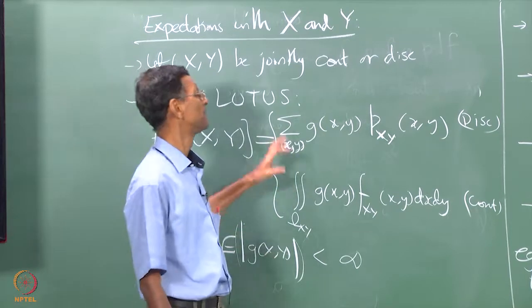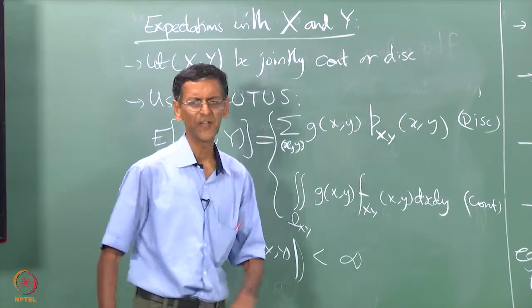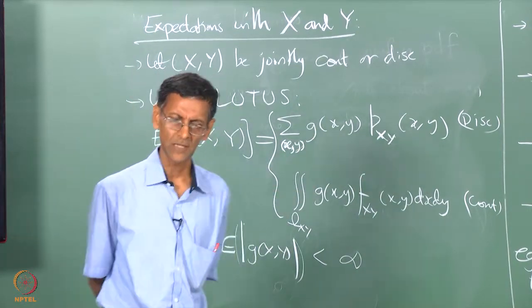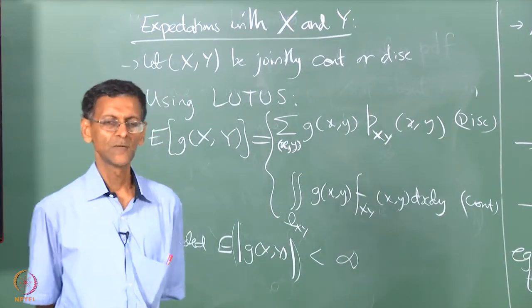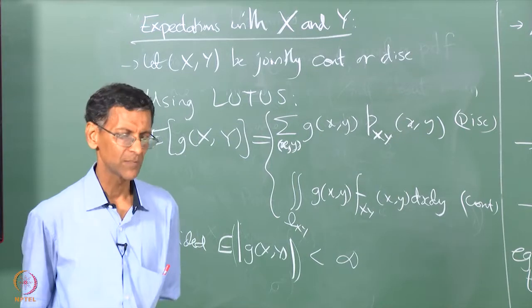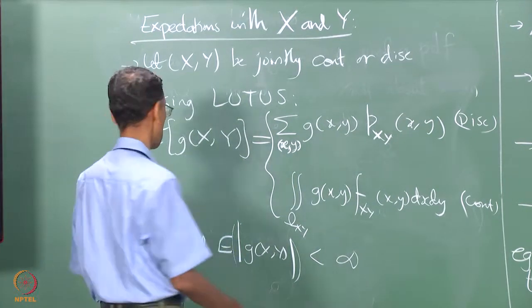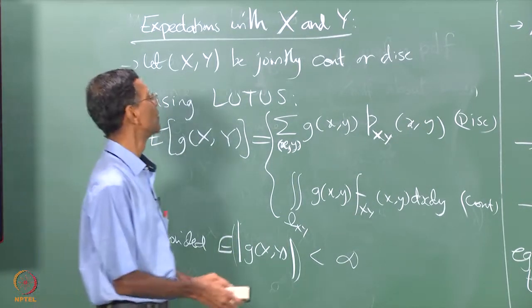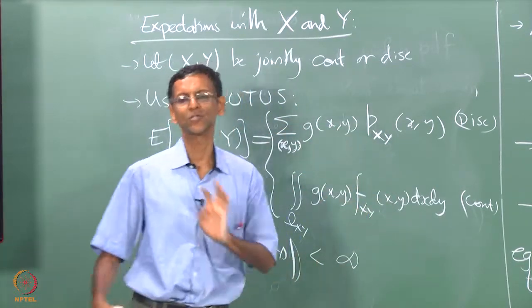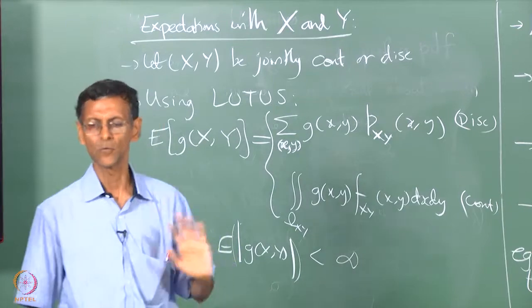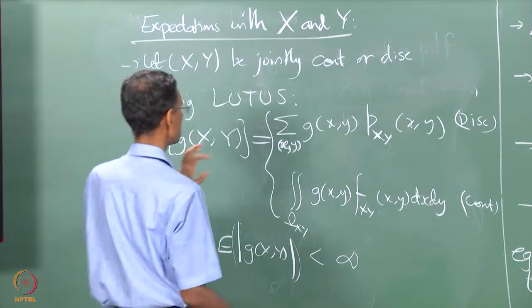Of course there are some other random variable pairs for which this is not the most general formulation, but for more general formulations we need to use some crazy notation, which we have not introduced at all. So as of now we have only stuck to either jointly discrete or jointly continuous, and we only give the results for these two cases.